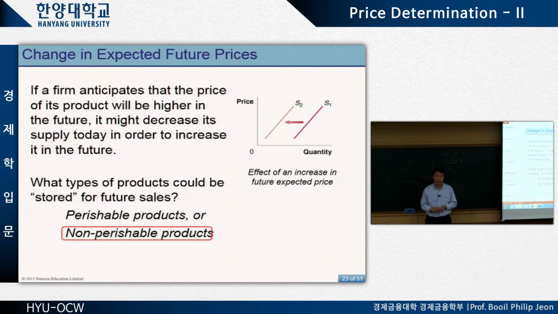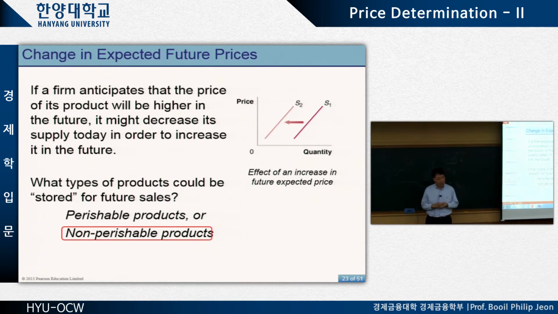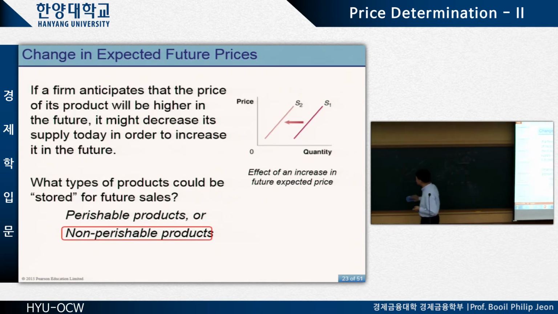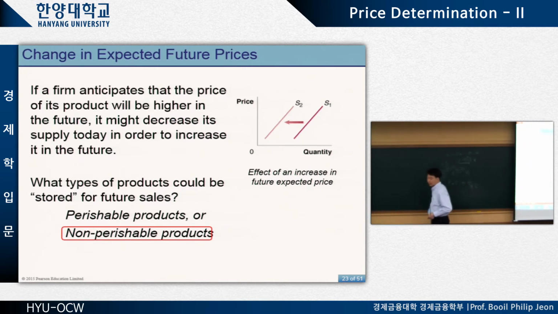Most of the countries have this problem, and the U.S. has gone through it and is still suffering from this problem. Agriculture has a very unique problem. I'm not going to be able to talk about it in detail.